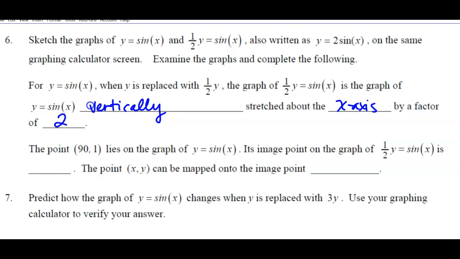Because remember in here, this is going to be y equals 2. Okay, so (90, 1) will become (90, 2), mapping (x, y) into (x, 2y).